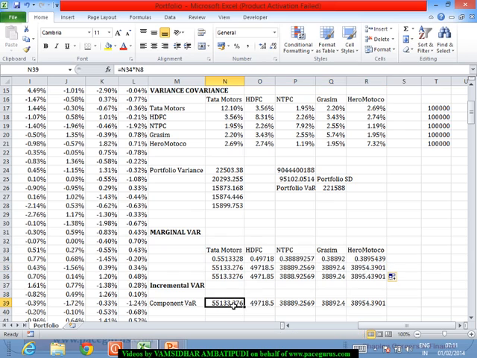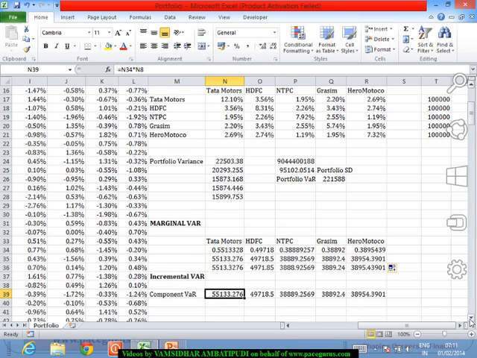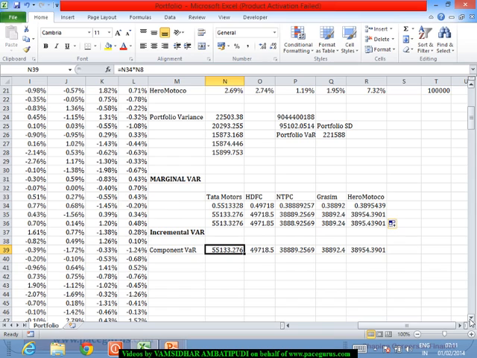So to the overall portfolio, this is the additional contribution that is coming up. This is the contribution of each of the components to the overall.